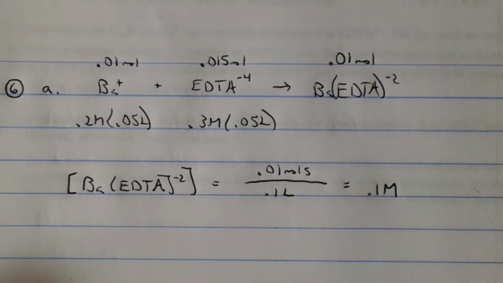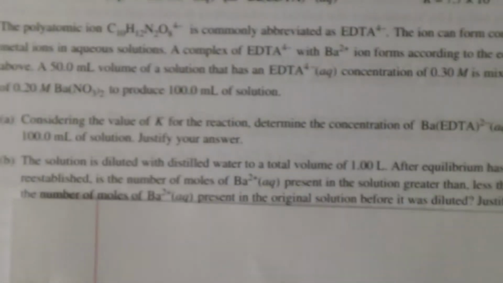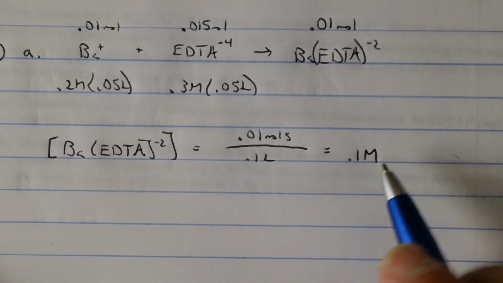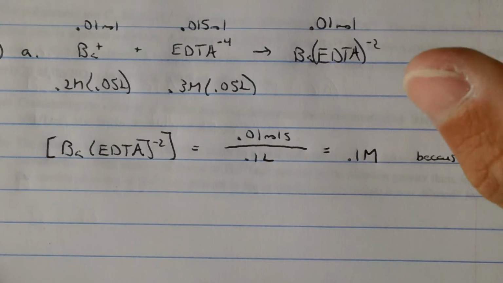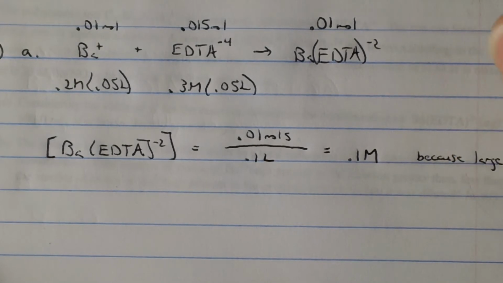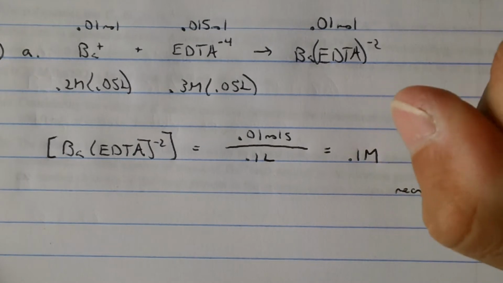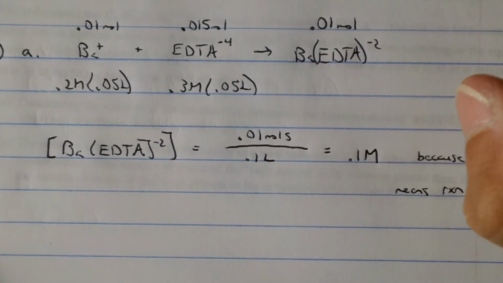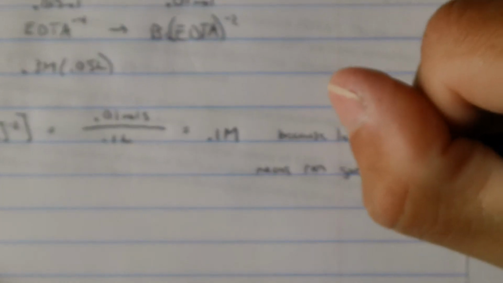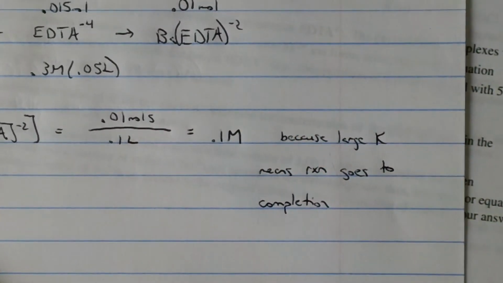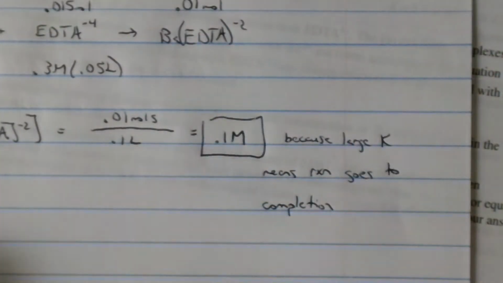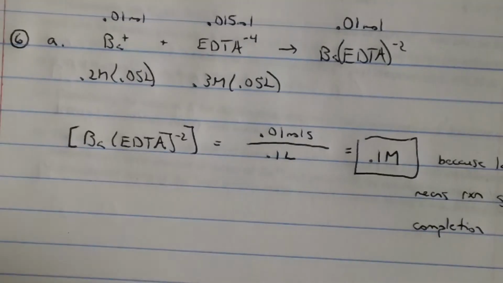Because they say something about K at the beginning, considering the value of K, I would put 0.1 molar because large K means the reaction goes to completion. The answer there is 0.1 molar barium. We should carry another sig fig or two. If you put 0.100, probably even better. Good, that's part A.